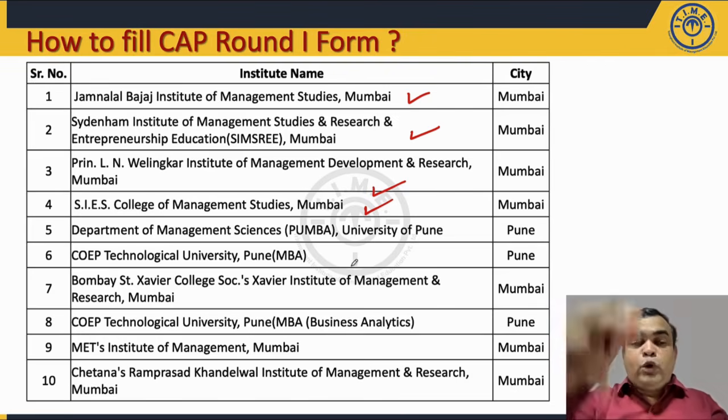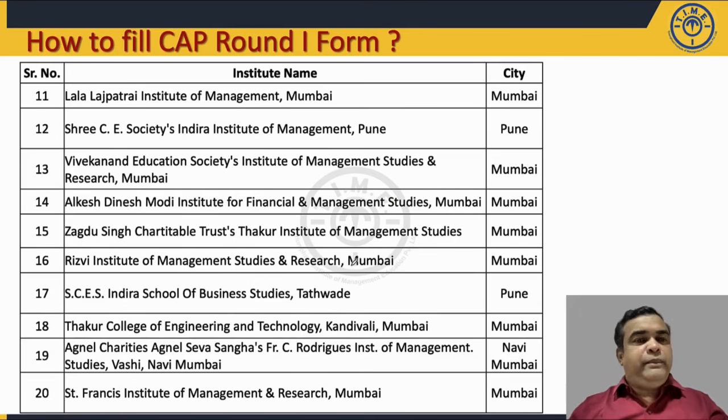But go in that order. Is that fine? So what we have done is this 40 colleges list. We are going to keep it separate, and in the description we are putting a link for that 40 colleges document. You can refer to that and alter the order wherever you want. And you can use this while filling the option form.